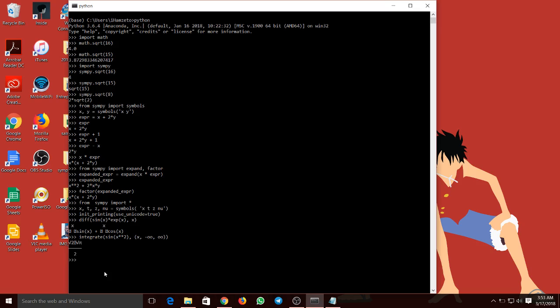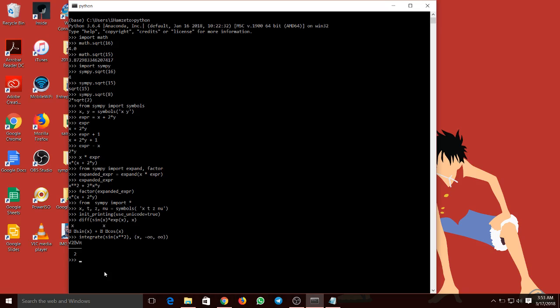When we integrate sine x squared dx, we get the answer root 2 multiplied by root of pi divided by 2.